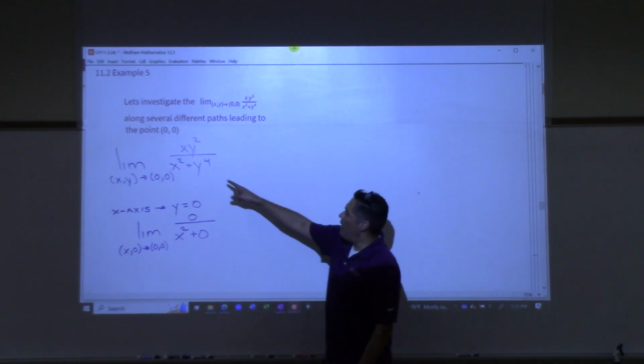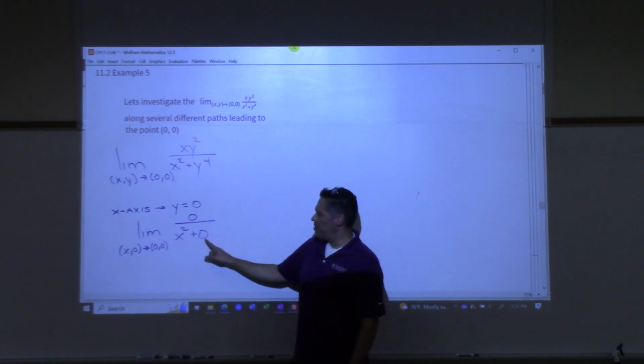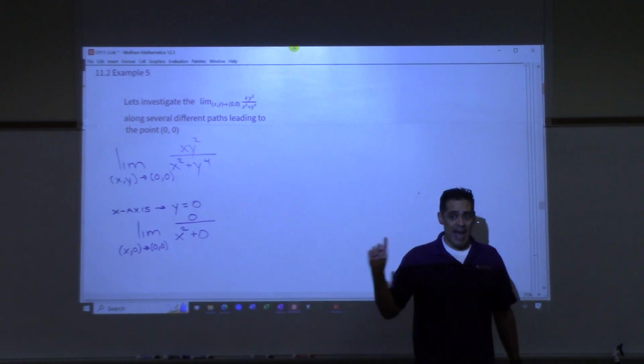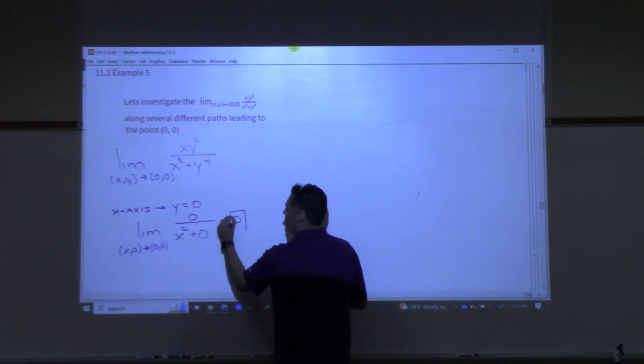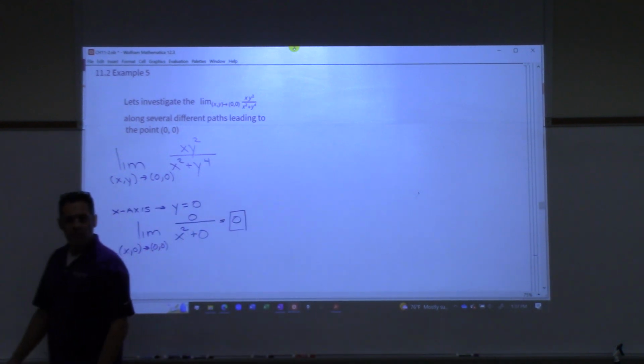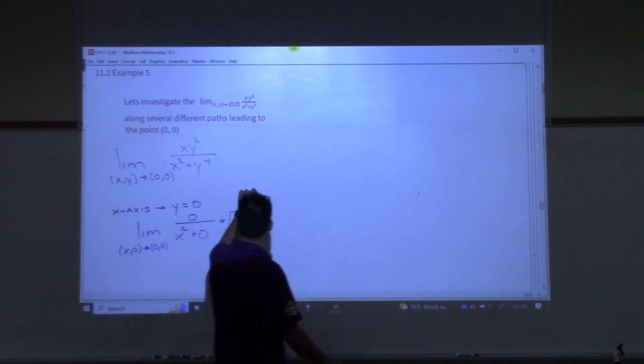If I replace y with 0 here, it kills off the whole top, and if I replace that y with 0, it's a 0 there. And that answer is 0. Any questions on why I'm getting 0 there? We get 0 over x squared, which is going to be 0. Let's try along the y-axis.